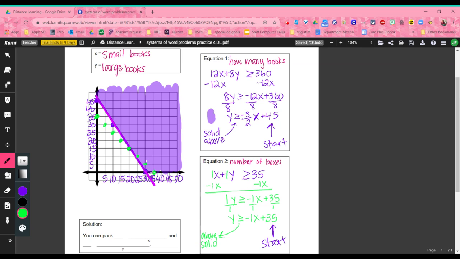Now we can draw our line, which again is going to be solid. Get as close as possible. Those dots are there to really help me out. And we will highlight. And this time again, it is above.